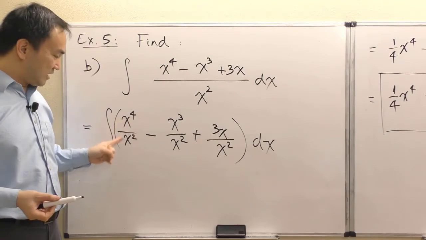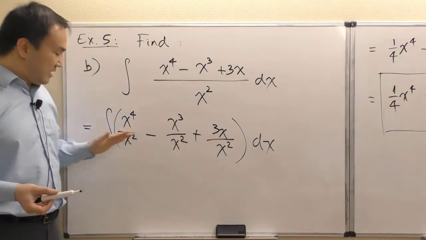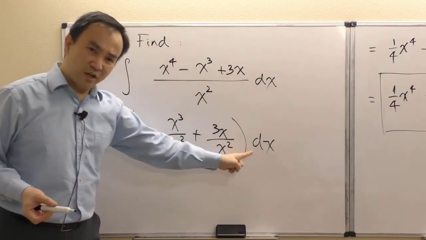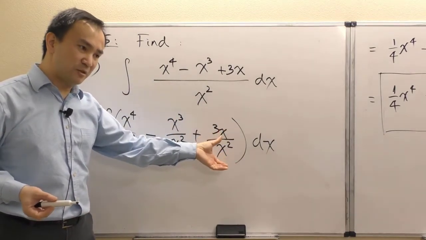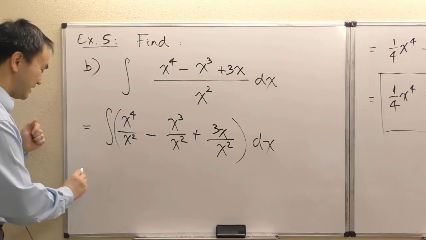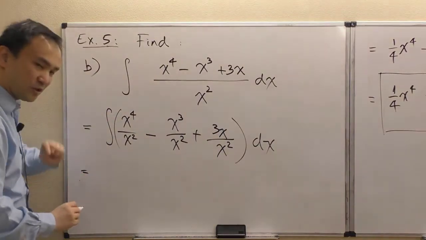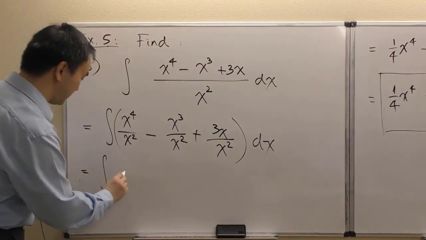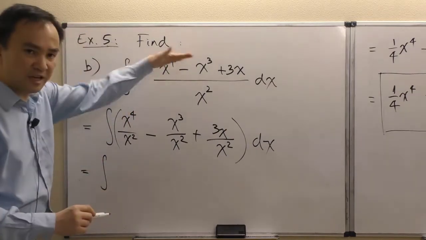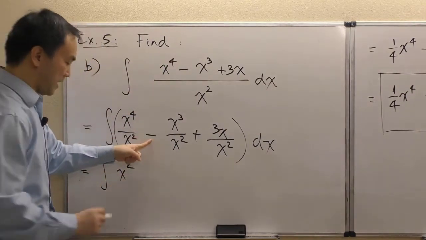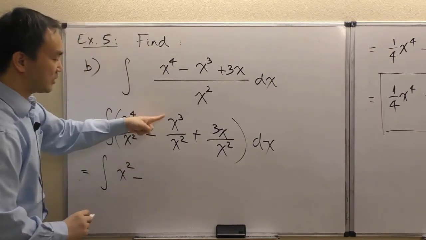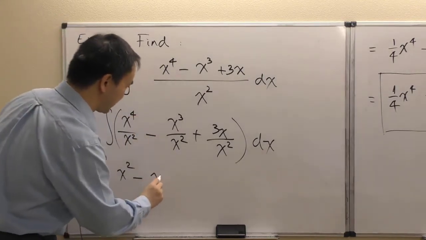You see, now if we simply simplify each one of these, we're still going to find the antiderivative, because right now it's just the step where we take the algebra treatment. So x to the fourth canceled with x squared gives me the first term, x squared. Minus x cubed canceled with x squared gives me x.